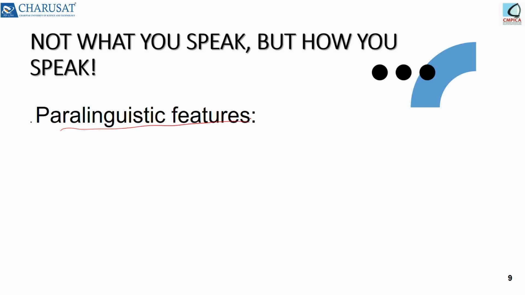What are these paralinguistic features? Linguistics is basically the study of a particular language, but whenever you are studying the language, how do you deliver? Not what you speak, but how you speak those things would rather give the intention or the meaning to the words.